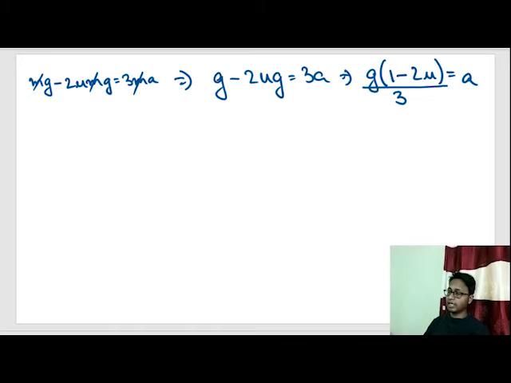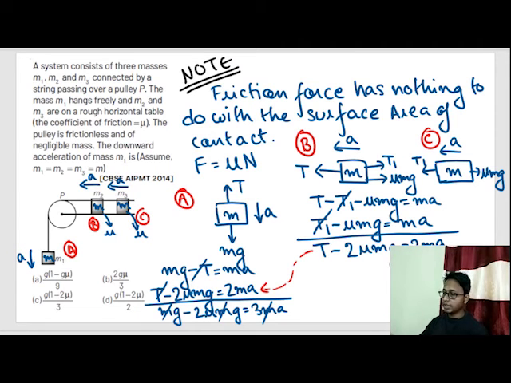So this is our correct option, g into (1 minus 2 mu) by 3. So our correct option is C, not D. This is the type of silly mistake I usually make.